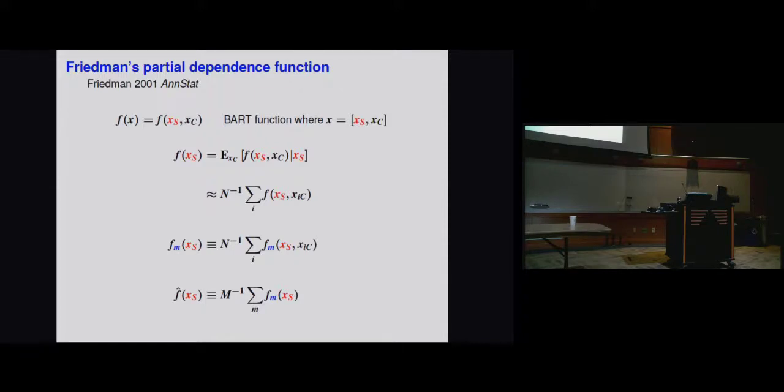So basically the trick works like this: for f of x_S, you take the expectation over x_C given x_S, which are held fixed, or we're conditioning on them, they're not random, and you just take this expectation.